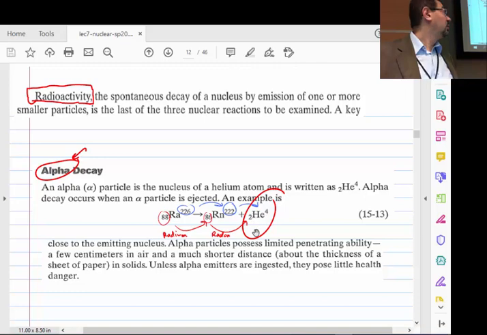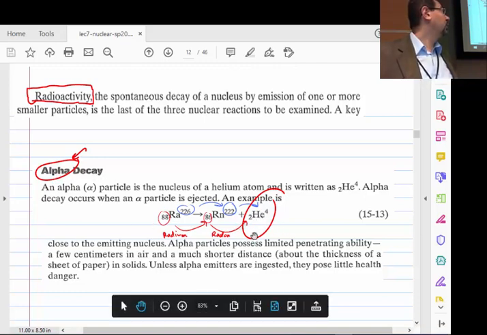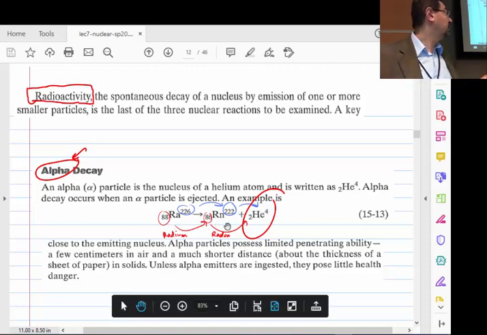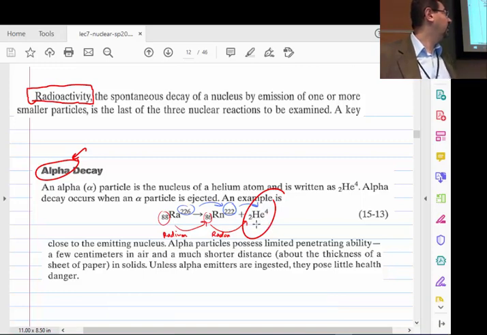Helium. So if they send helium out, that's basically called alpha decay. And so obviously 2, 4, when you send out 2 from here, you completely change your element. So radium basically becomes radon by emitting alpha particles.